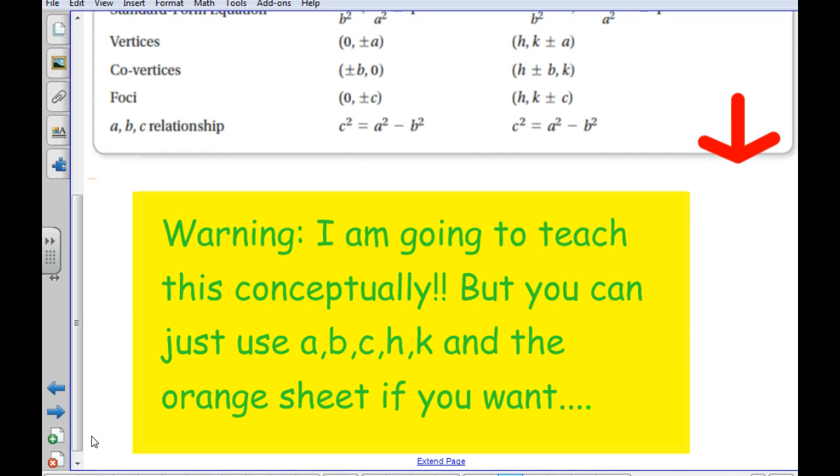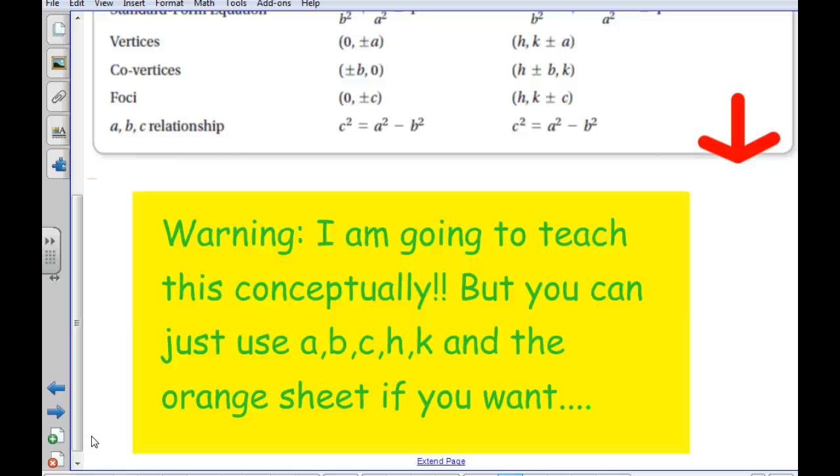Warning, warning, warning. Okay? I am going to teach this conceptually. Like, here's the center, what makes sense? We go this way, we go this way. Okay? We will talk about what a, b, c, h, and k are. So even if you struggle with the conceptual learning of this, you can get an A on the test or quiz if you can use the orange sheet, okay?